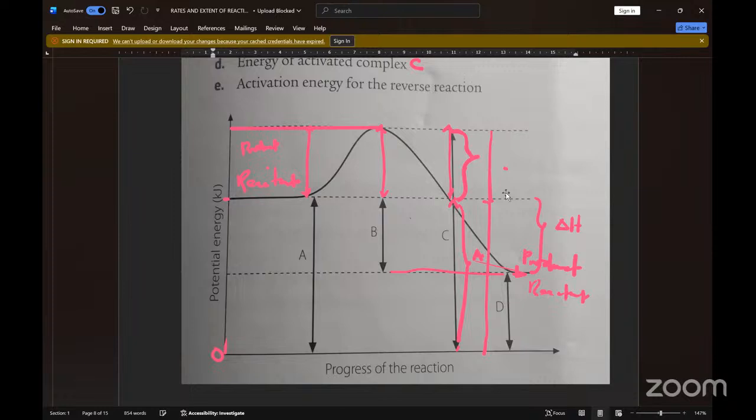So from the base of the reactant, where the energy level of the reactant is, the potential energy up to the top is called the activation energy. So the activation energy would be the whole of C minus D, because D ends here. So here we say C minus D. So that brings us to the end of this question.